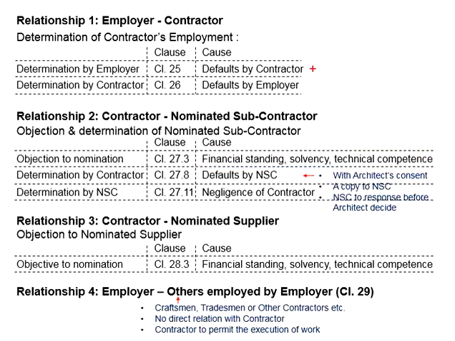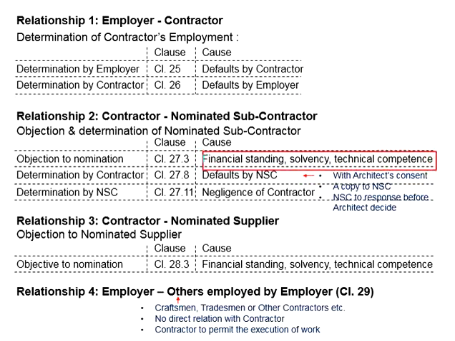Among the reasons of the objections, this can include the financial standing and the solvency of this nominated subcontractor, whether this nominated subcontractor is bankrupt, and also the technical competency, whether this nominated subcontractor is technically competent for the project.